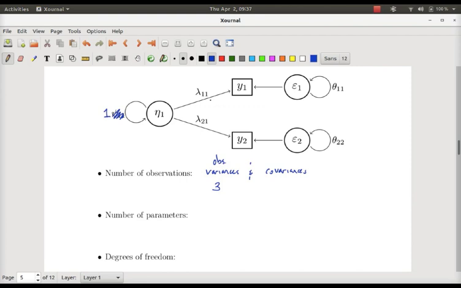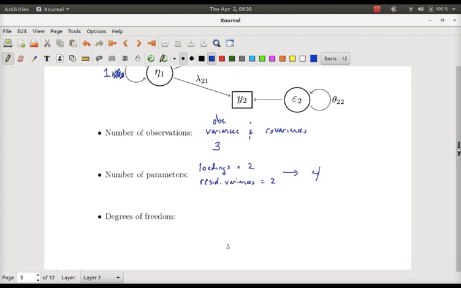Well, our parameters are the loadings, so we have 2 loadings, and we have factor variances, but those aren't parameters here because we set them equal to 1. And then we have residual variances. These are the thetas, right? Theta 1,1 and theta 2,2. So there's 2 of those. So this is a total of 4 parameters.